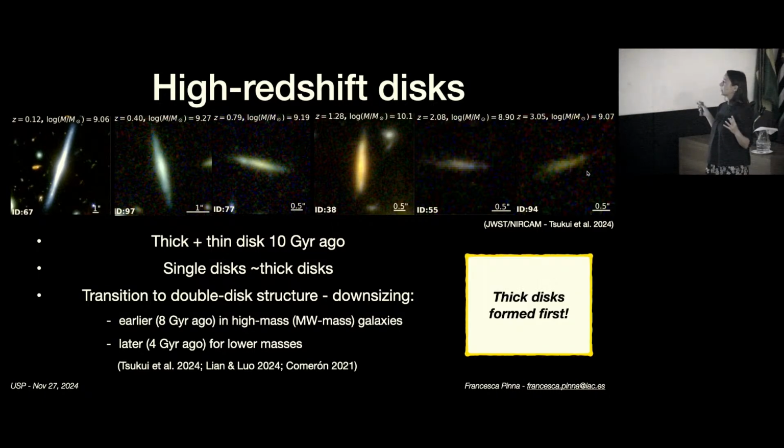But the general idea here, which is important for this talk, is that thick disks apparently formed first, before the thin disk. So this is very much supporting the Bornholm scenario more than the dynamical heating that I mentioned before. Especially, this is basically ruling out slow dynamical heating, because if the heating was slow, we wouldn't be observing this kind of galaxies with only a single disk structure at high redshift.